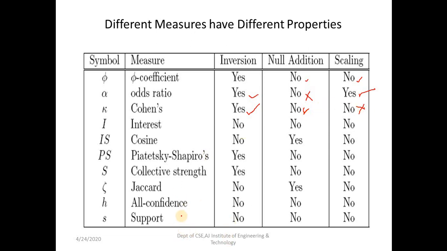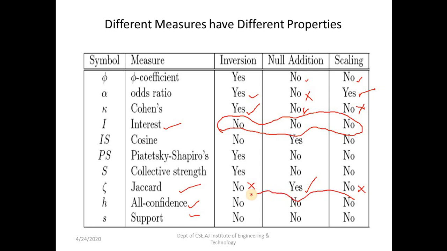Jaccard objective measure does not satisfy the inversion property but it satisfies the null addition property, and it does not satisfy the scaling property. The interest measure does not satisfy inversion, null additive nor scaling properties. Similarly, confidence and support measures do not satisfy any of the properties.